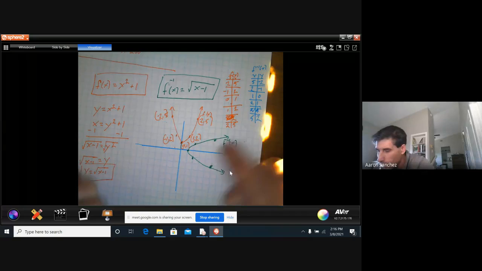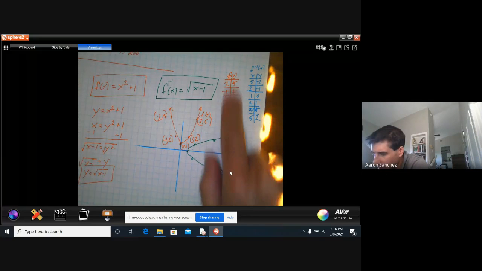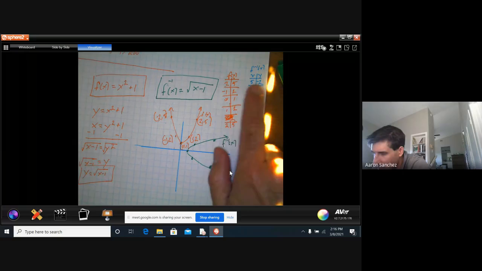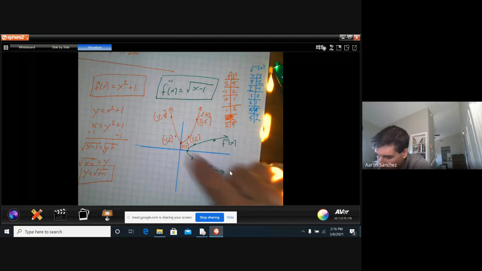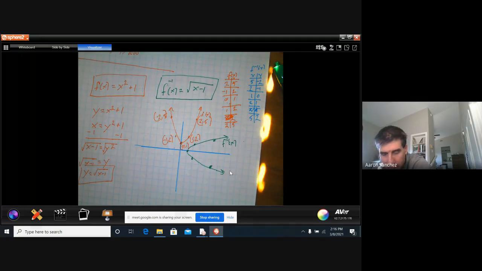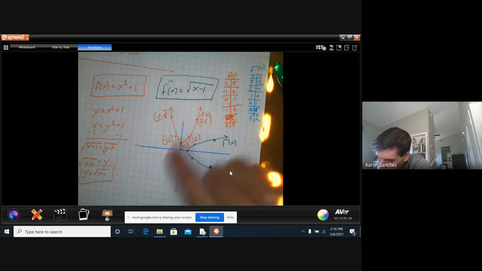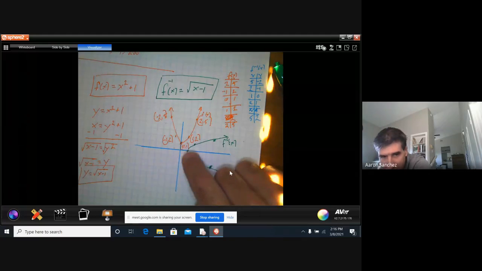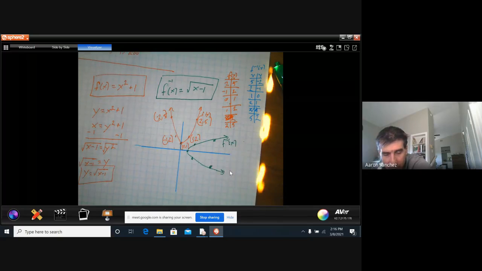Number two, the inverse flips the x and the y. Number three, if you graph a function, the inverse is not upside down of that function. It's actually going to be kind of sideways, just so you know.